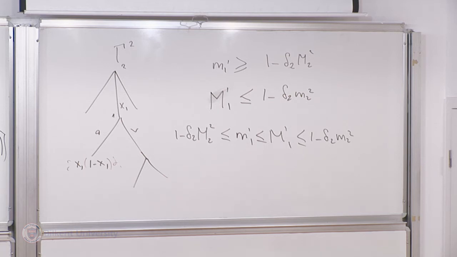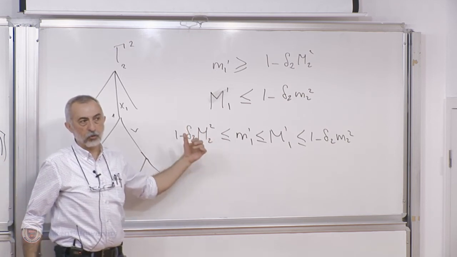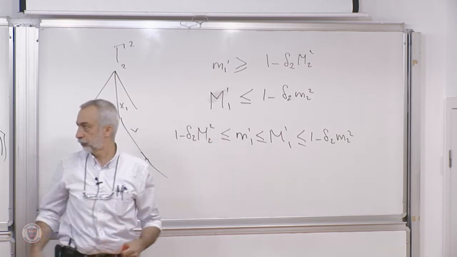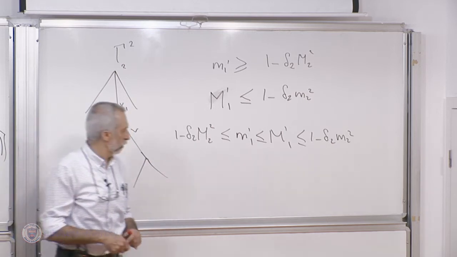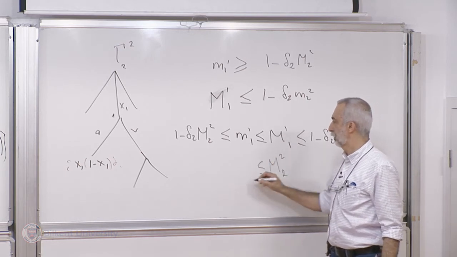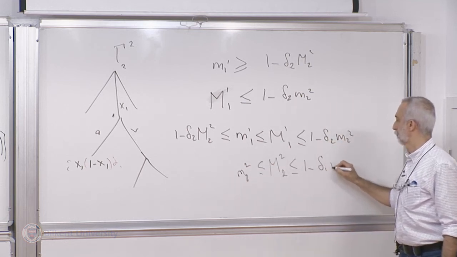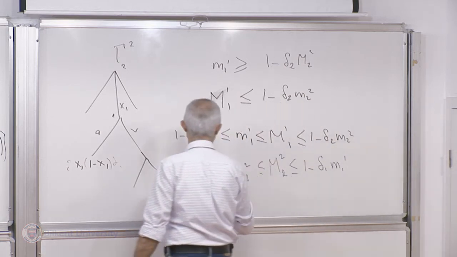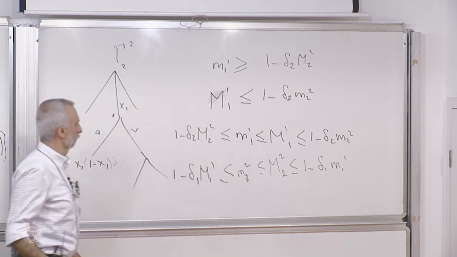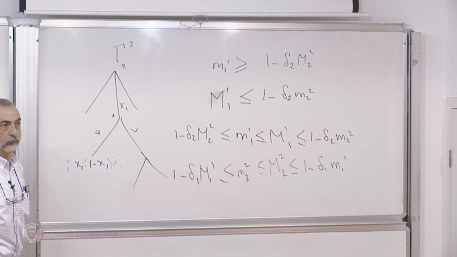We can write similar conditions for small m22 and small m11, right? Well, the games are symmetric, so all we have to do is replace all the ones with twos. Okay?